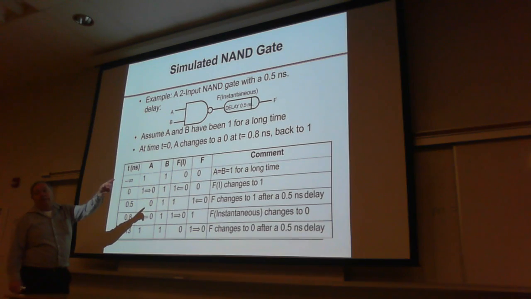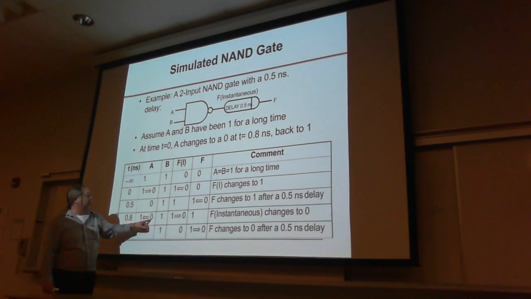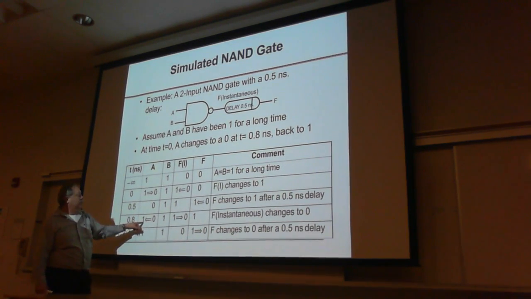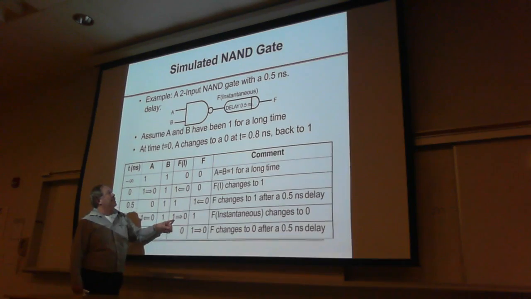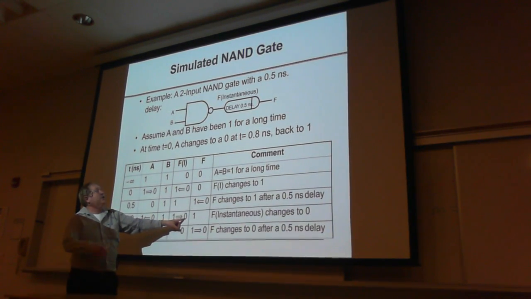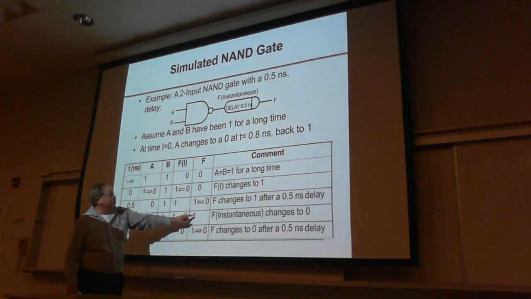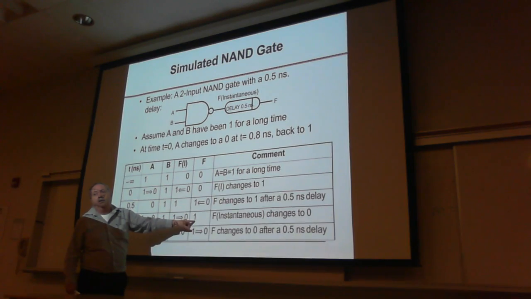Then the next thing that happens is at 0.8 nanoseconds, A gets changed back to 1. So at 0.8, instantaneously, I change A from 0 to 1. B stays the same. Instantaneously, that NAND gate goes from 1 back to 0 because I now re-added that leg to it. But my output still stays at 1, right?